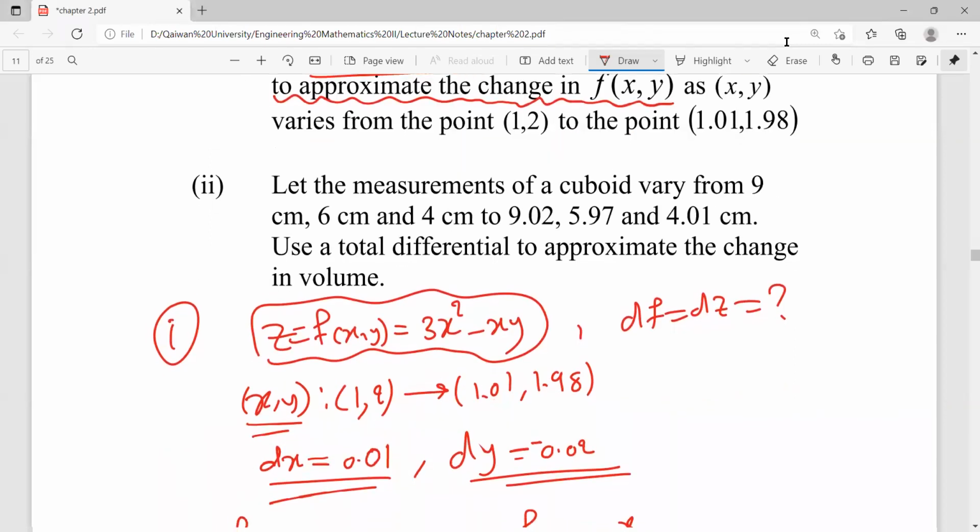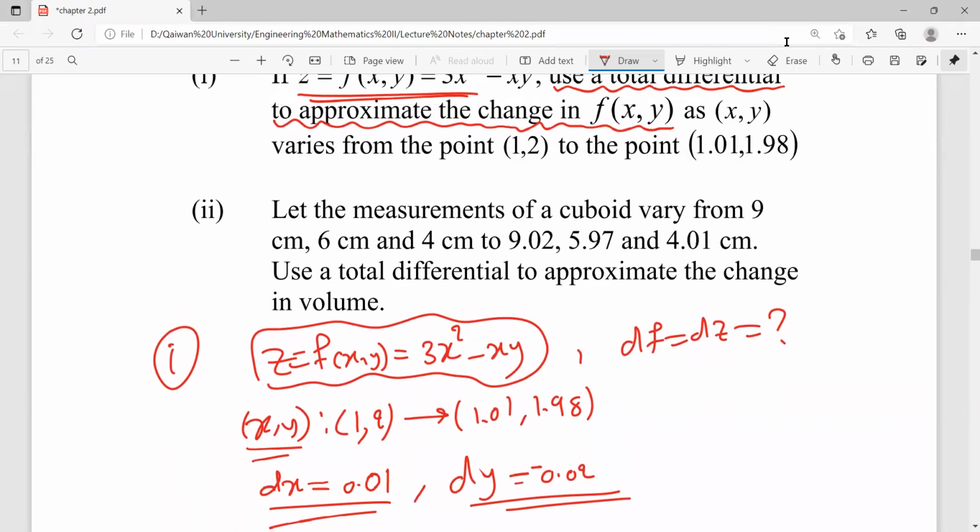In the second example, we have: let the measurements of a cuboid vary from 9, 6, and 4 centimeters to 9.02, 5.97, and 4.01 respectively.